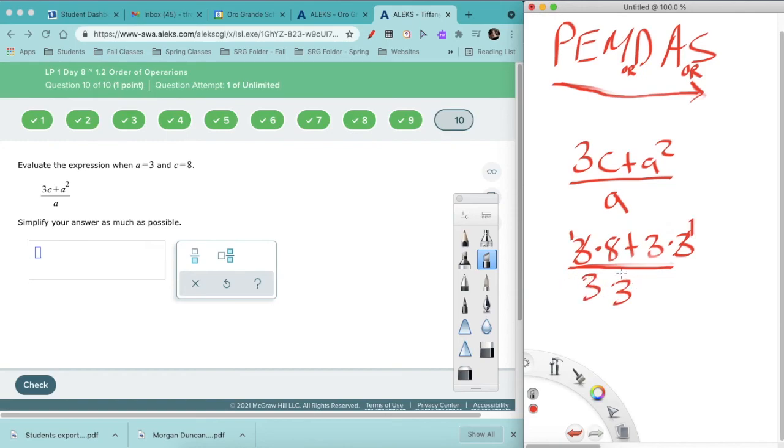If we wrote it correctly, we'd have 2 fractions. Not necessarily correctly, but if we separated them out. So I can divide them both, and I would just have 8 plus 3, and that would get me 11 as well. So if you see that reduction there, you can always do that ahead of time.